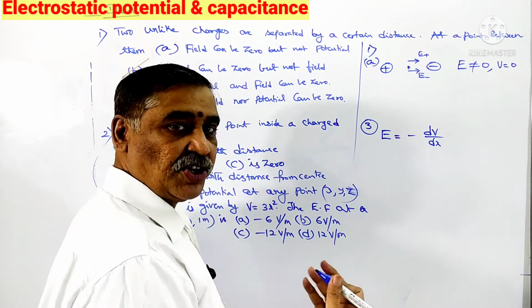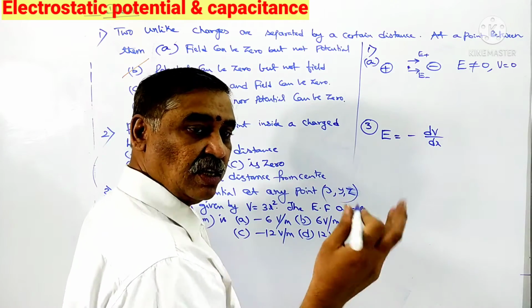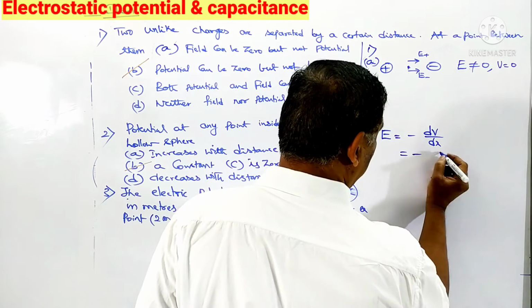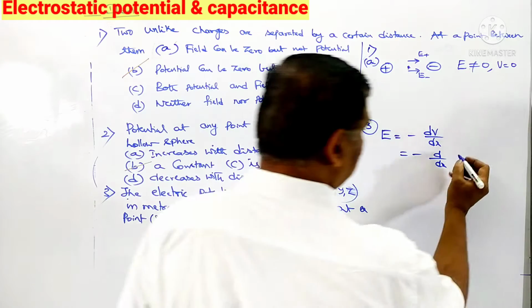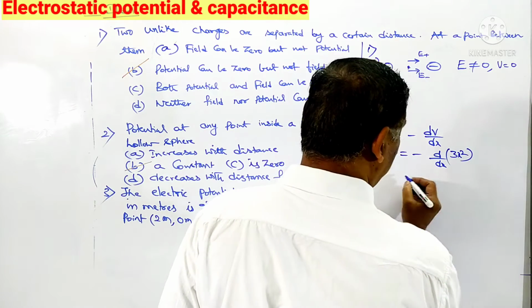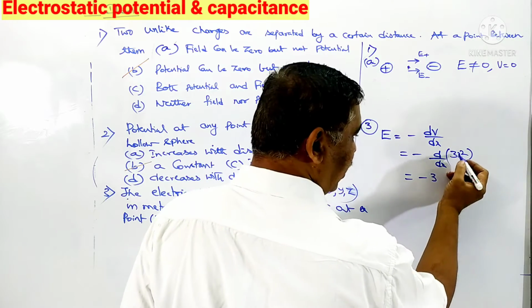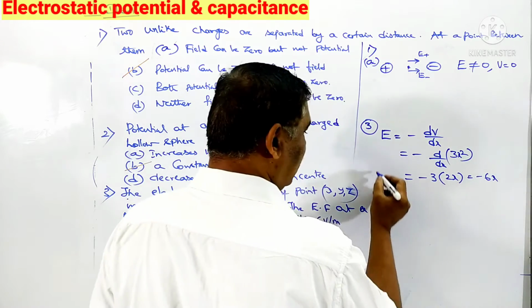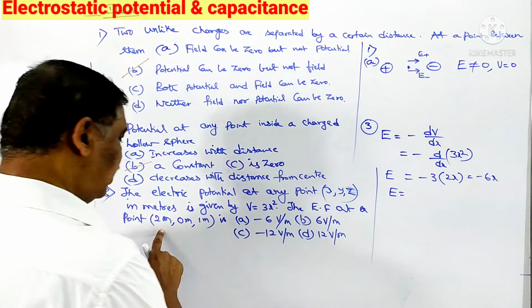So it is a partial differentiation, but I will go for normal differentiation which we learnt in first year and second year mathematics. So this is equal to minus d by dx of V, and V is nothing but 3x square. Just differentiate this. This is minus 3, 3 is constant, put it outside. X square differentiation is 2x, in total it is minus 6x. Now we have to put the values given for x, y, z.